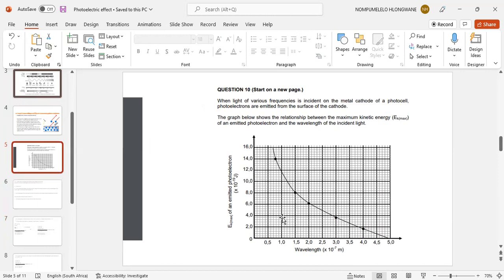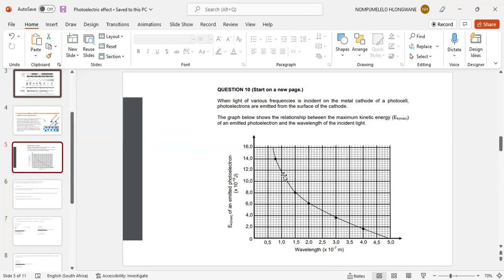When you look at your graph, you can see this point is almost exactly where I wanted. I won't be doing a lot of estimations. It is exactly at 8. It is exactly at 1.5.